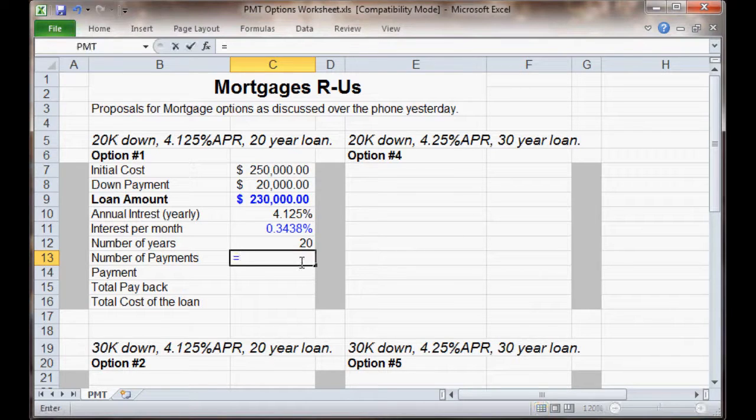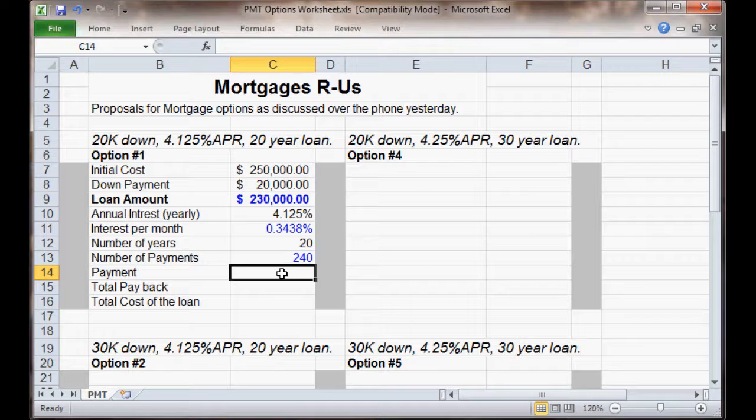The formula here, again, starts with an equal sign. We'll take the number of years, represented by this cell, and we'll multiply using the asterisk and the value 12. So we have, in this case, 20 years is 240 months. And you know that should seem right to you.